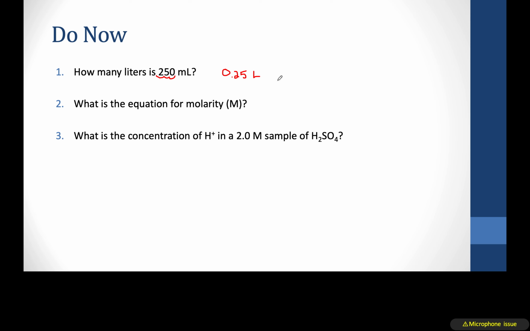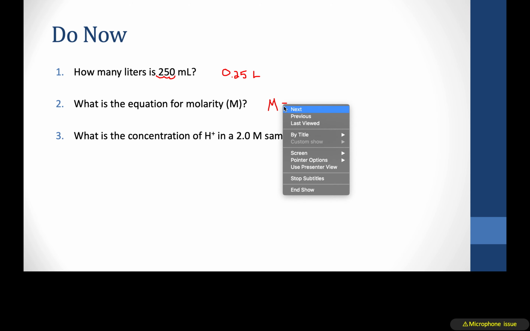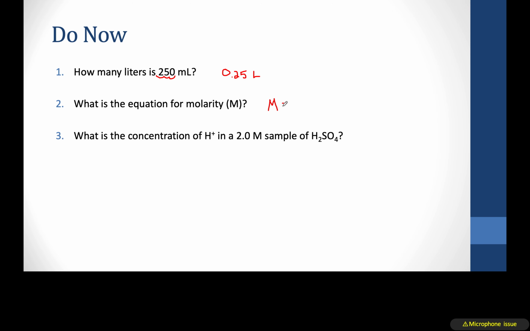So the equation for molarity, which is in your reference table on the very back page. Molarity, which is the capital M, is equal to moles per liter.